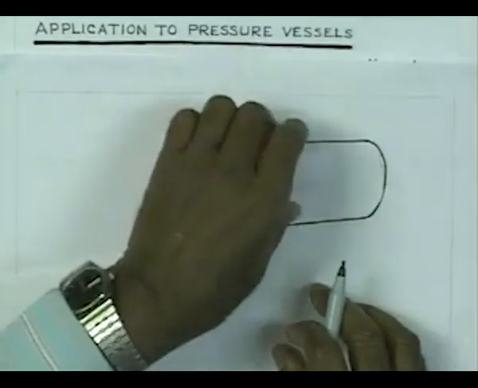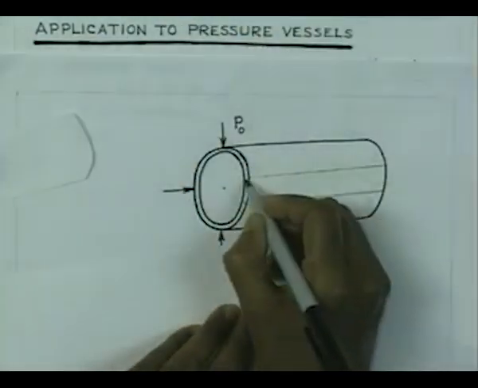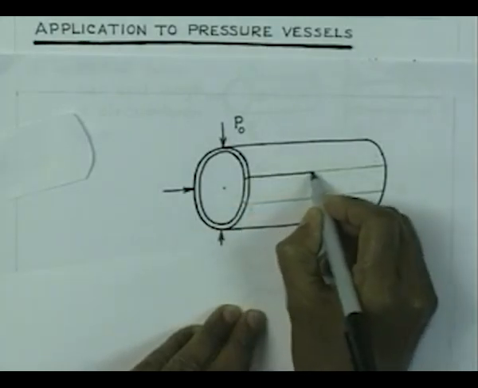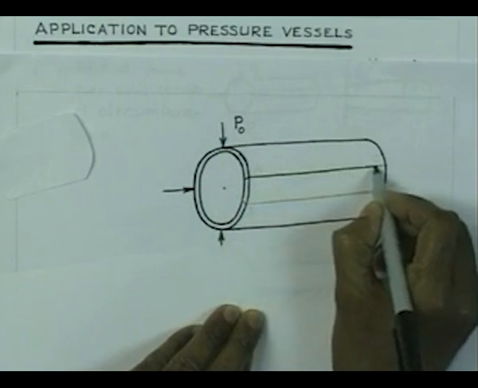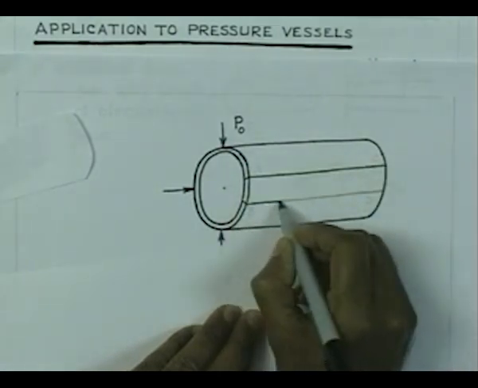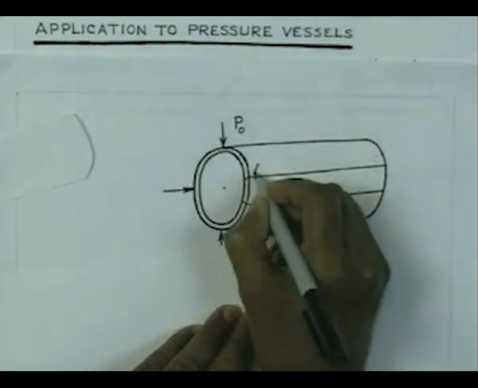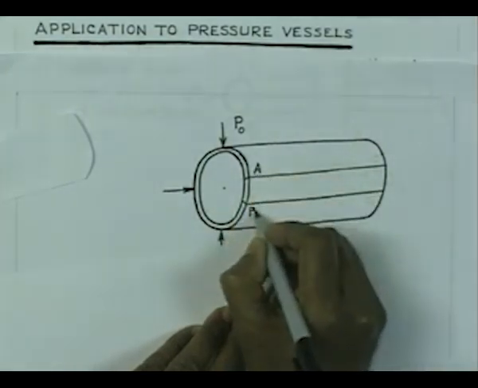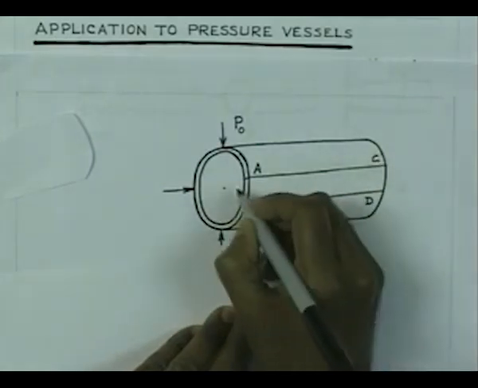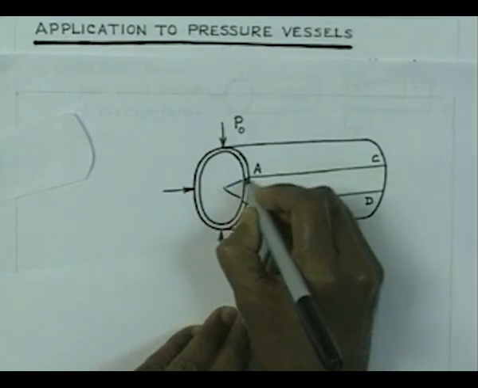Let us consider the deformation of a sector, this sector. Let us say that this is A, B, C and D, and it is making an angle at the center.